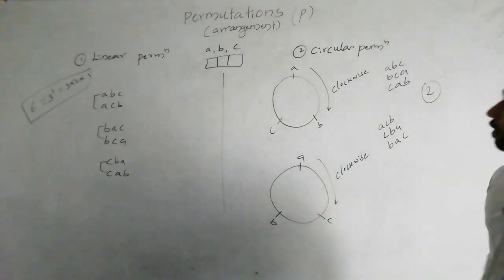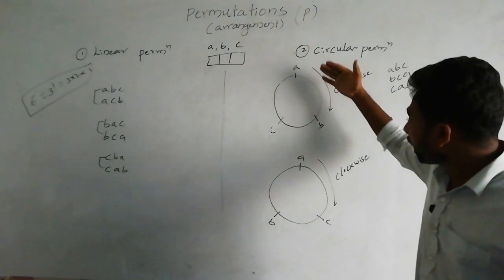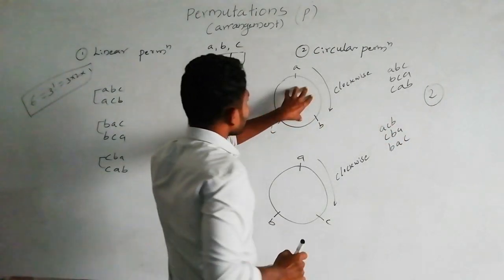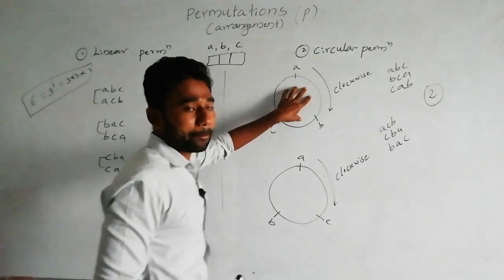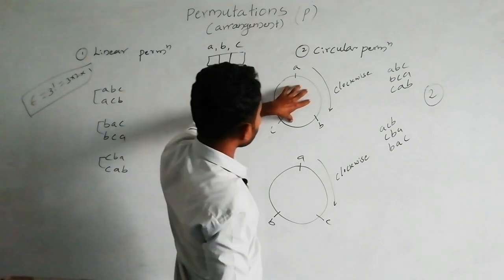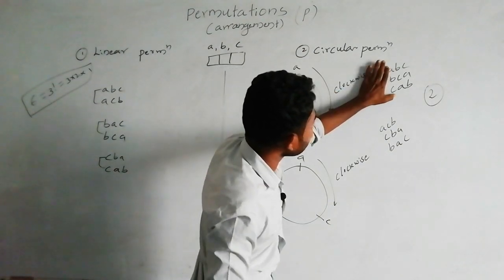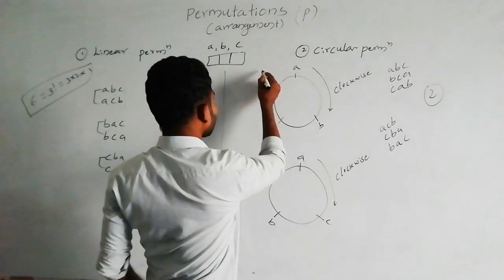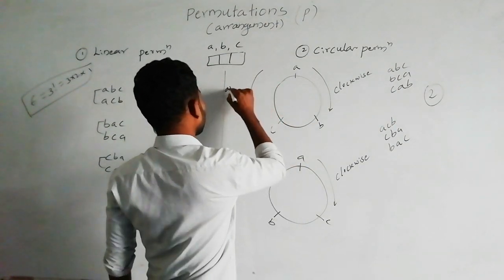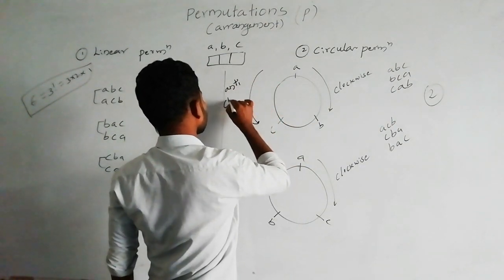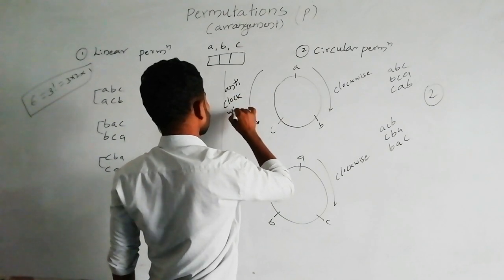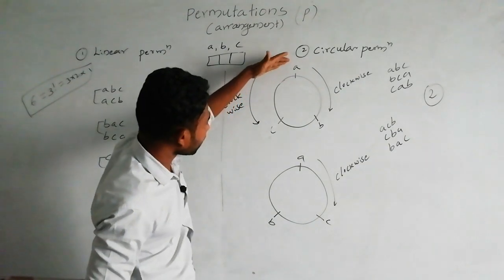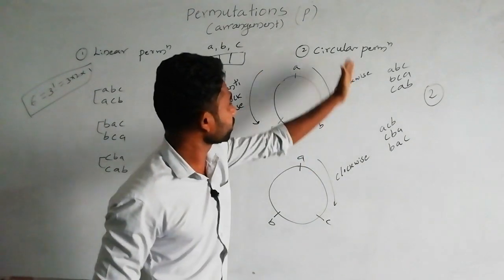Suppose anti-clockwise direction; what we did was clockwise direction. Observe the first circular permutation: clockwise, we have three linear permutations. Now I want to take the anti-clockwise direction, from left side to right side.